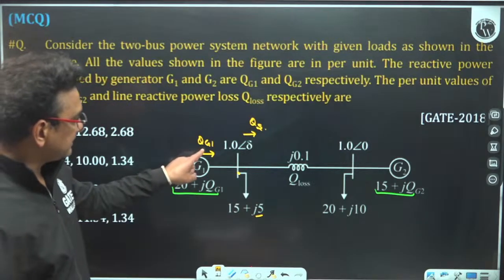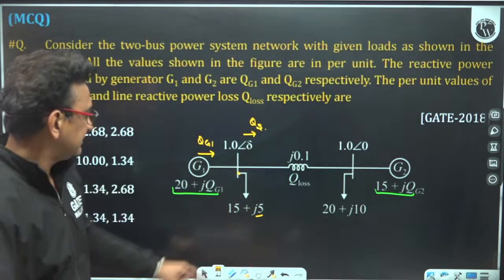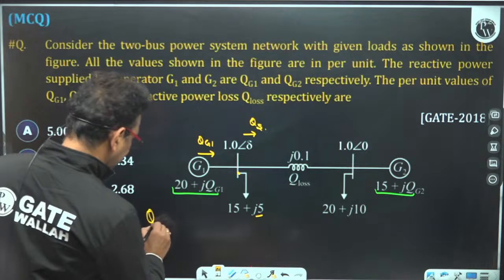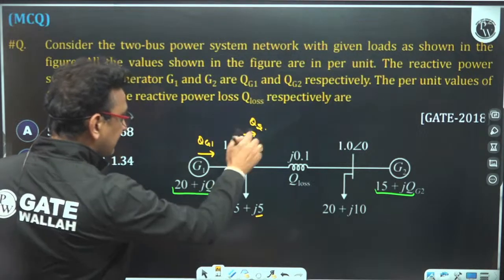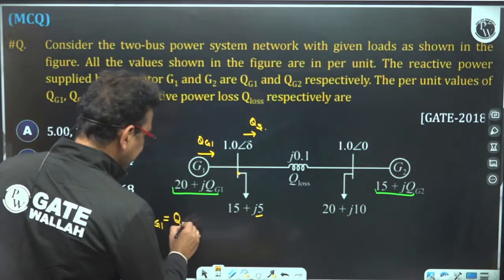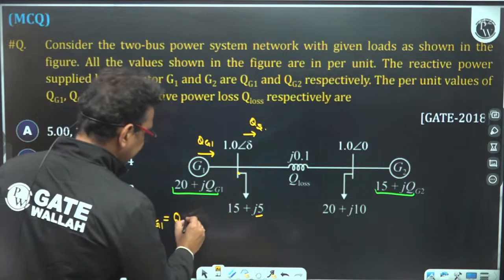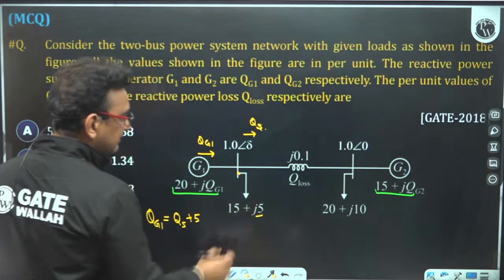So QG1 is nothing but QS plus j5. So to find the value of QG1, we have to find the value of QS first, the reactive power at the sending end, and then add the 5 here.